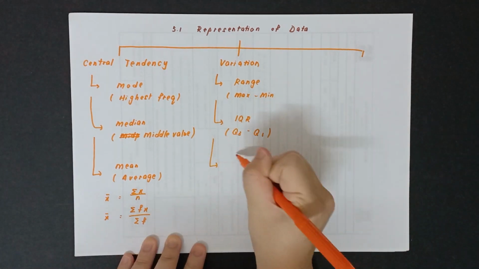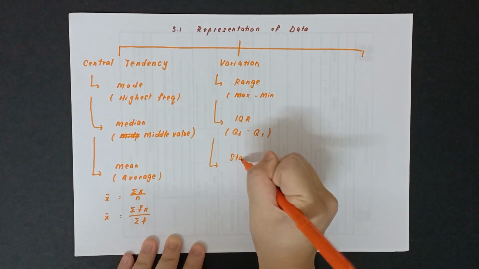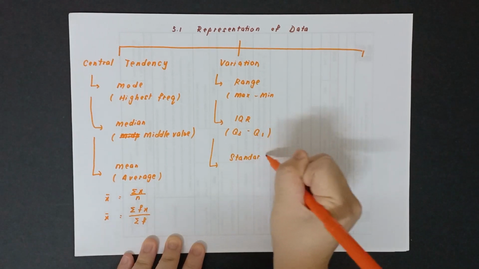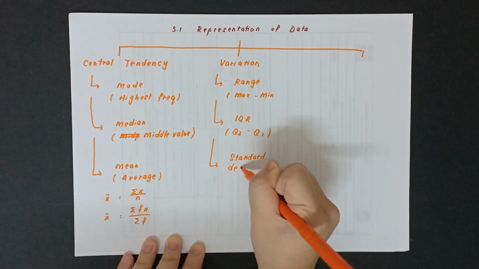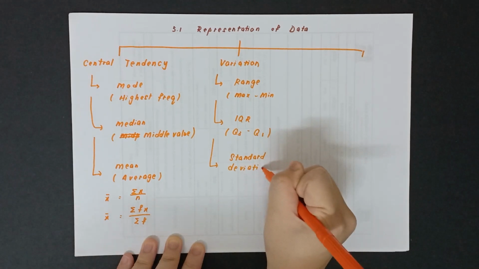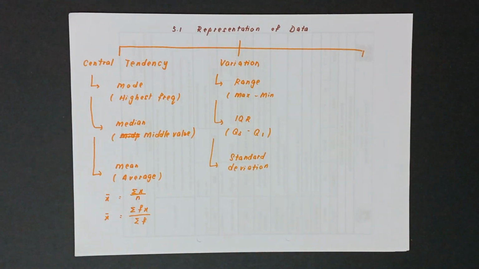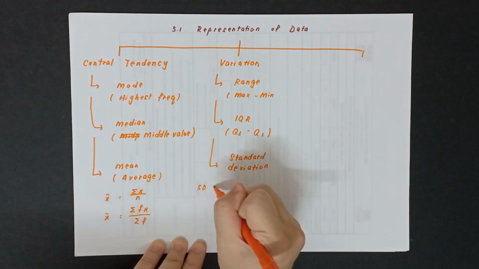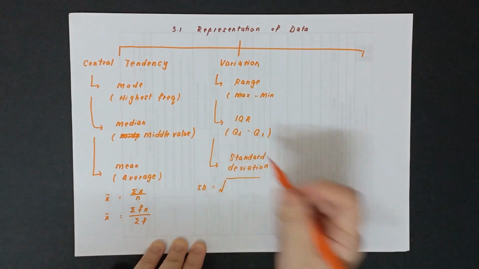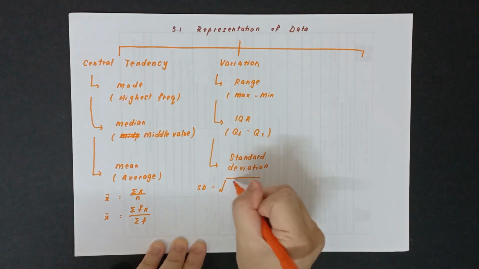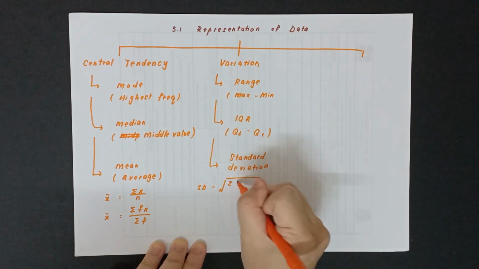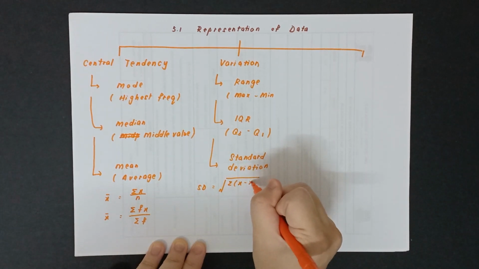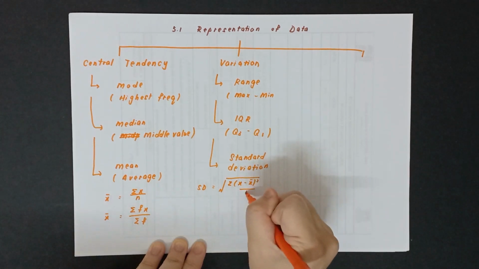Then the last one, you learn about standard deviation, which is basically the square root of variance. For this one, you also have your formula in your formula sheet. So standard deviation equals the square root of the sum of every data minus the mean, squared, divided by n.